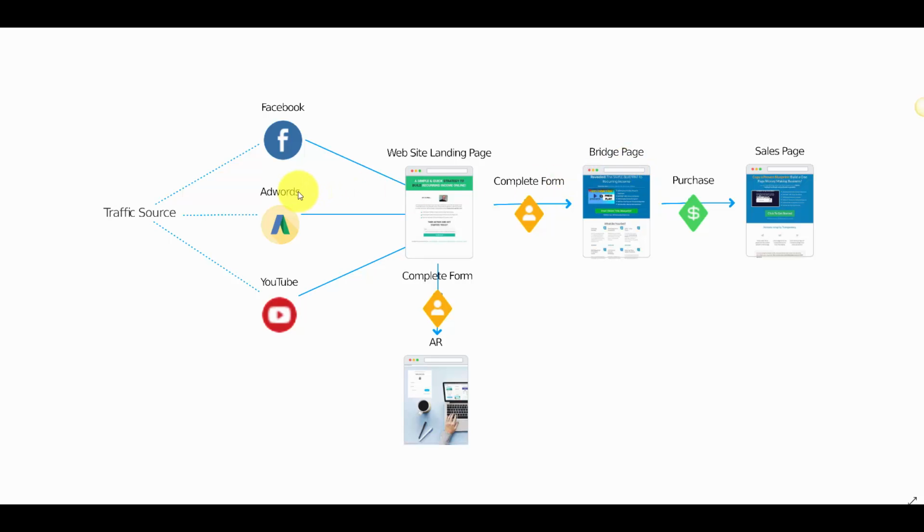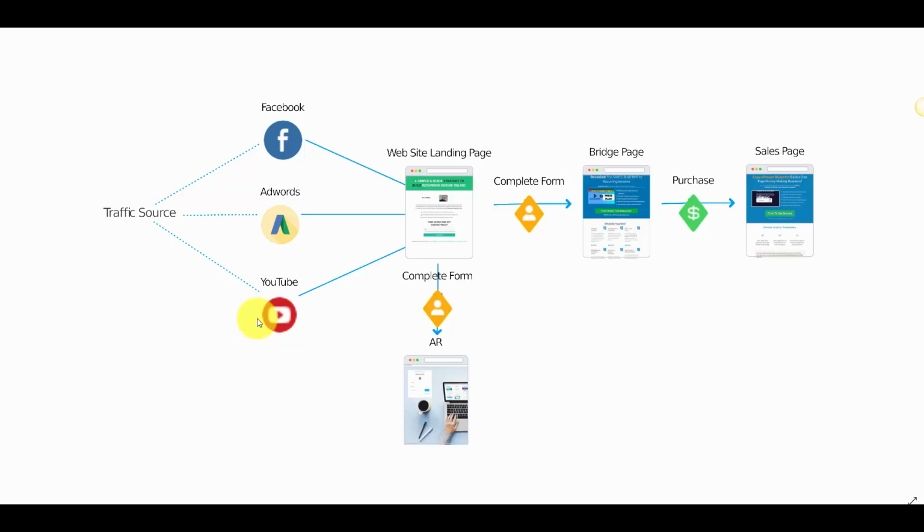Okay, so let's go back first of all to the beginning and why we actually use this simple funnel. As I say, we start off with a traffic source. In this case I'm showing Facebook, AdWords and YouTube. Personally I'm using YouTube, and that is the training I'm taking at the moment, to enhance my affiliate marketing with a YouTube channel.